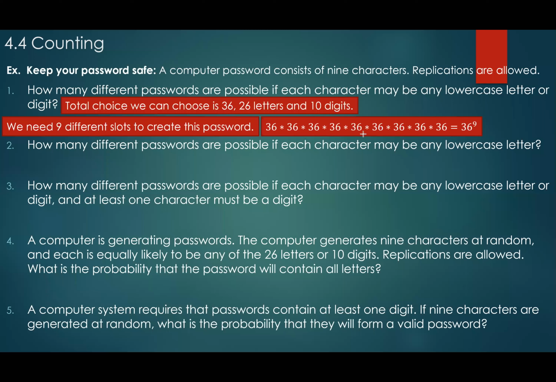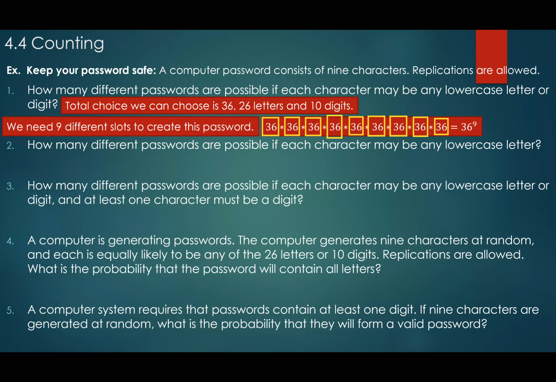So in the sense, your password can be A723, B2C, something of that nature, right? So 36 times 36 times 36, 9 times, would give you a humongous number, right?